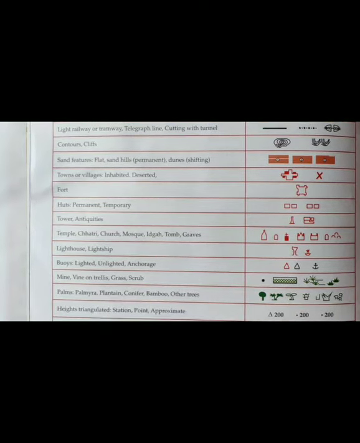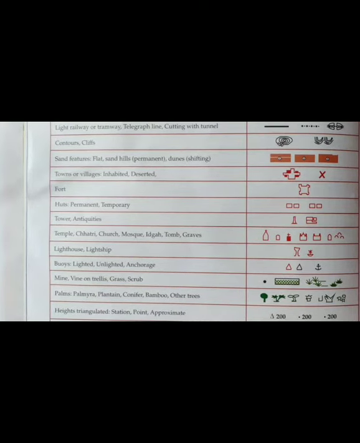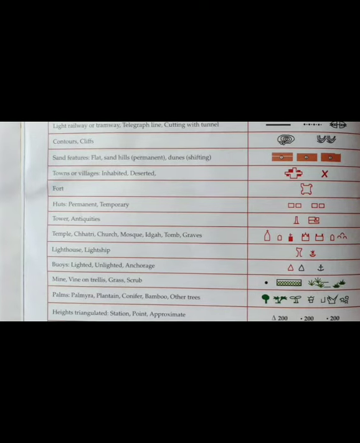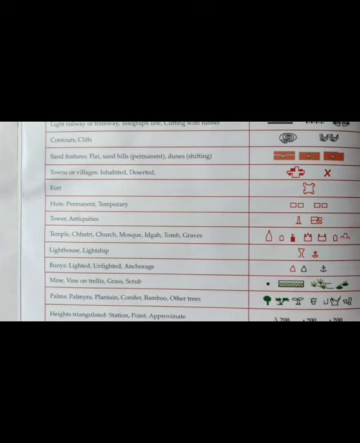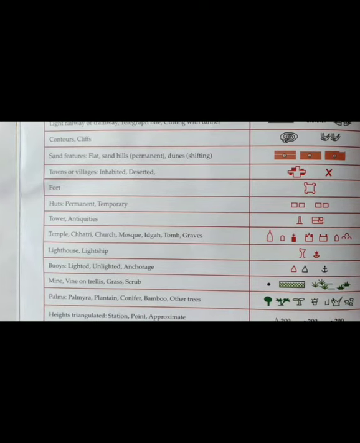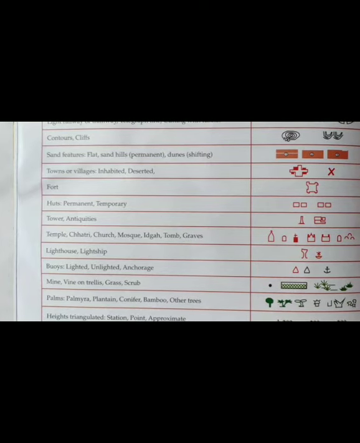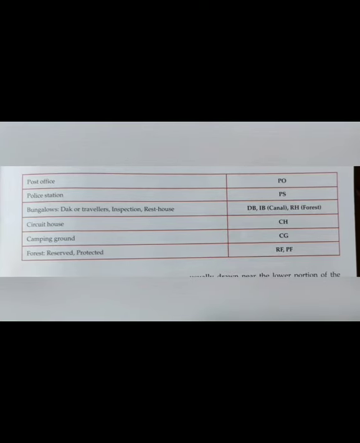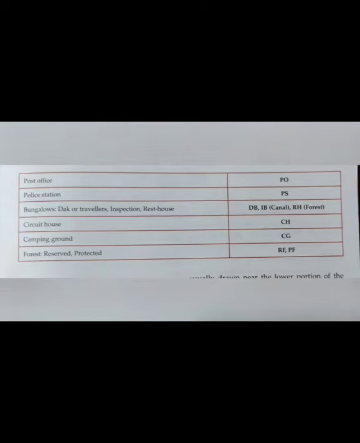Now the highlighted triangulated stations: these are written as 200 and dot 200. This station is either the highest point or the approximate highest point. And last is the benchmark, and some benchmark and territory canal are also here.